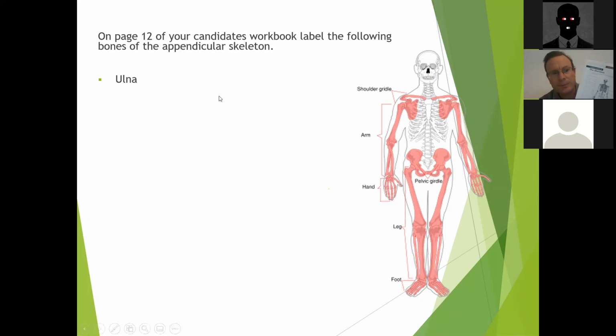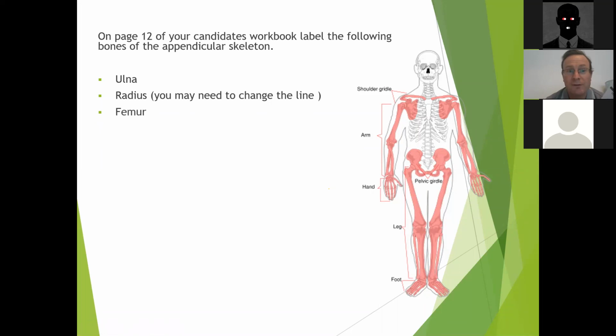I'd like you to fill in the following bones. First of all, the ulna and the radius, then the femur, then the tibia, and then the fibula. So that's your job. If you don't know where they are, look in your manual. This should take about 5 minutes, because you're going to need to get out your candidate workbook and find those bones.